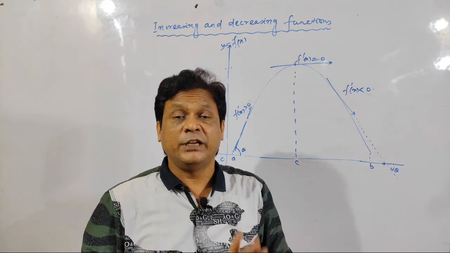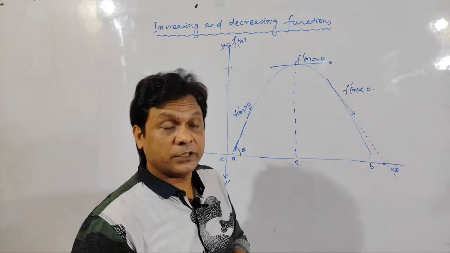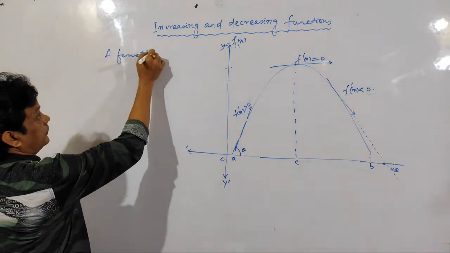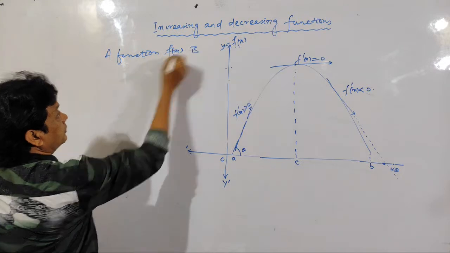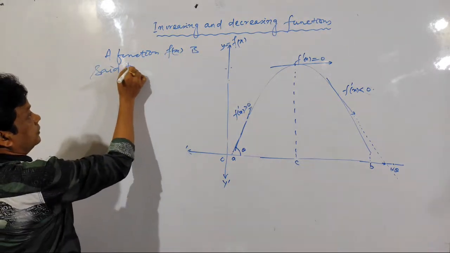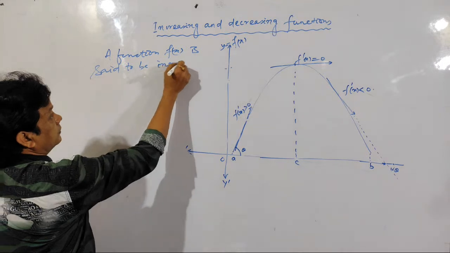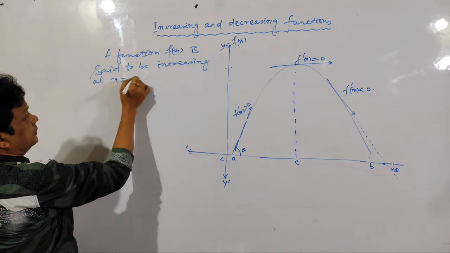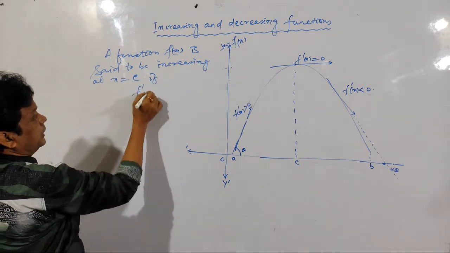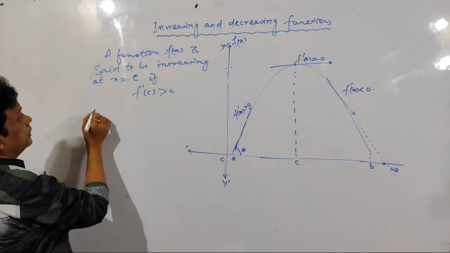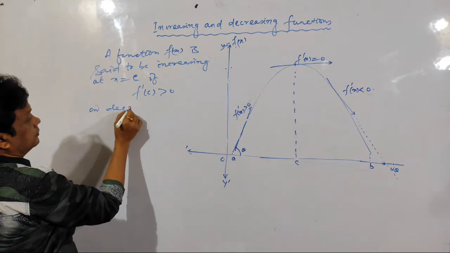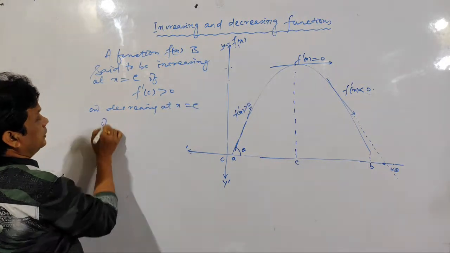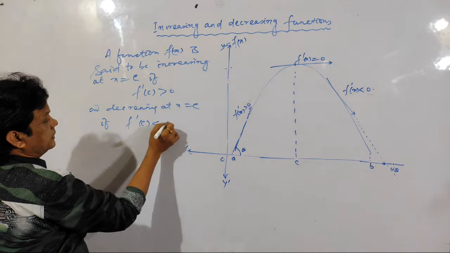Clear? Now the definition is that a function f of x is said to be increasing at x is equal to c if f dash c is greater than 0, and decreasing at x is equal to c if f dash c is less than 0.